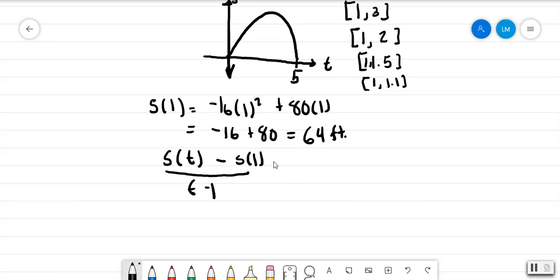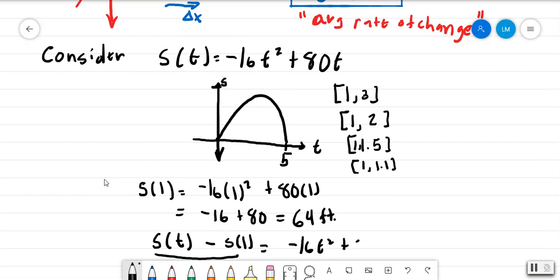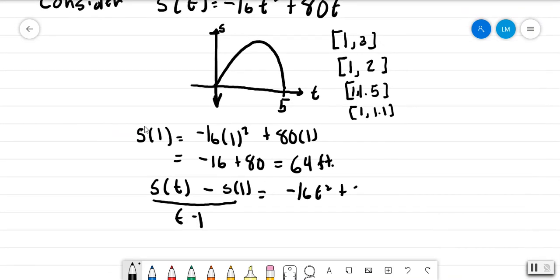Now, one way that we can look at this is that this is negative 16t squared plus, was it 96 or 80? Okay, so it's 80. So we have plus 80t minus 64 feet.